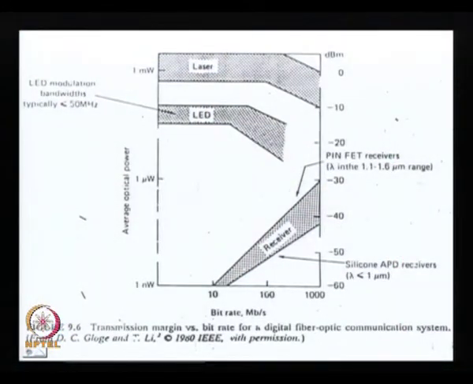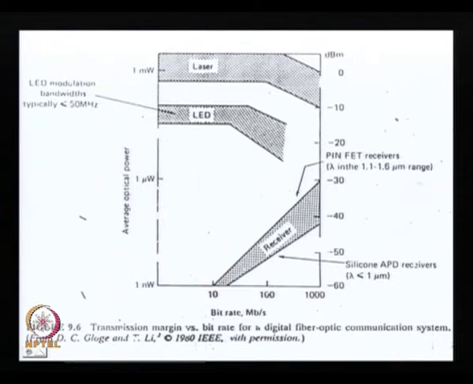So, if you convert this power in terms of a dB ratio, then 1 milliwatt is 0 dBm, and for every factor of 10 increase in power, you have a 10 dB increase. So, 10 milliwatt of power will be 10 dBm, 100 milliwatt of power will be 20 dBm, and so on.